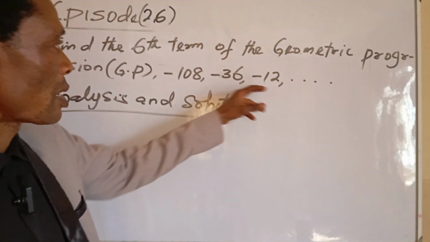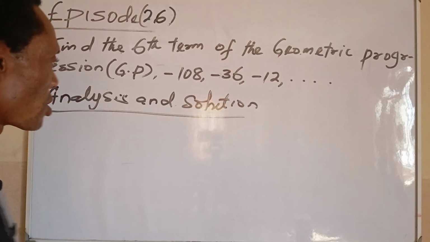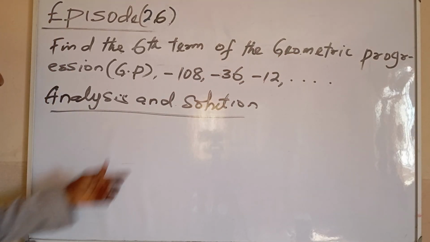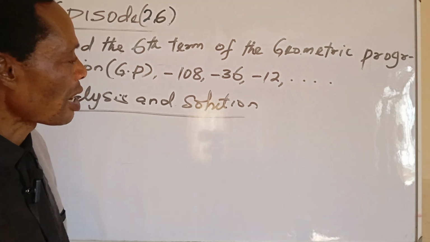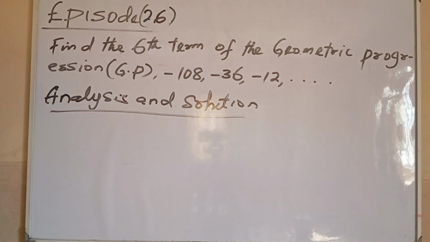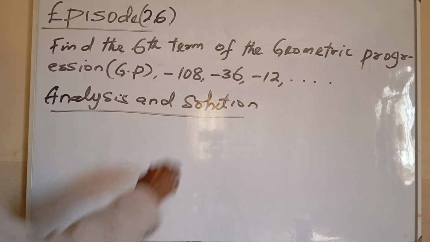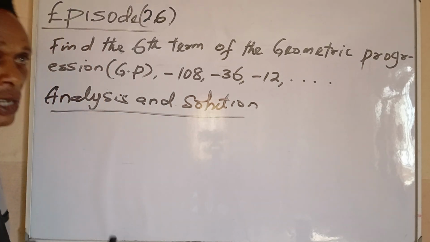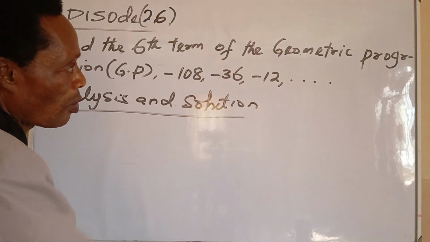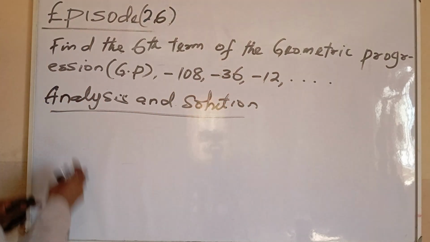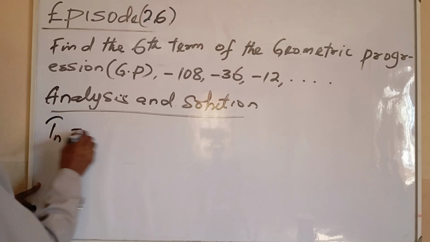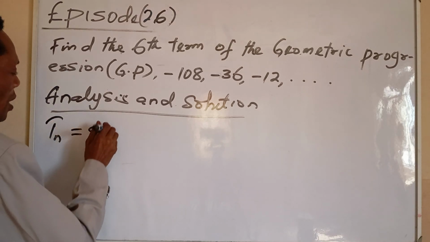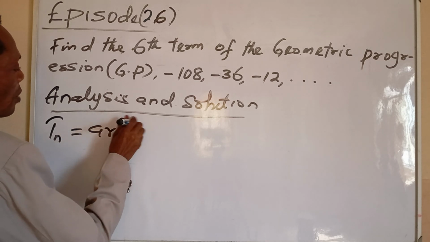These are the terms of the geometric progression given. So how do you generate a geometric sequence? For you to generate the terms of a geometric progression, you have the nth term, which we represent as A R raised to the power of n minus 1.